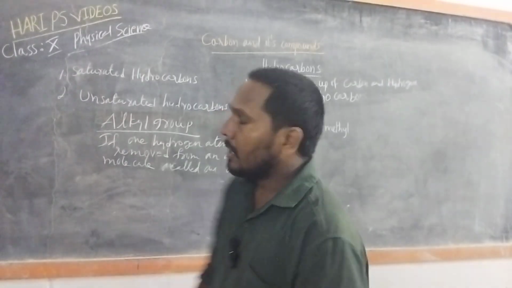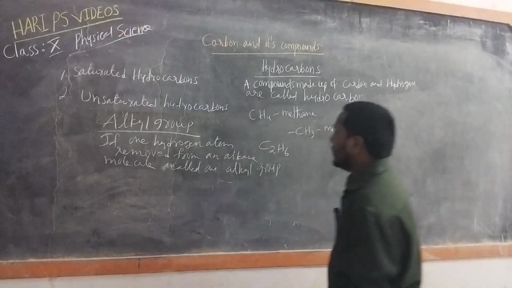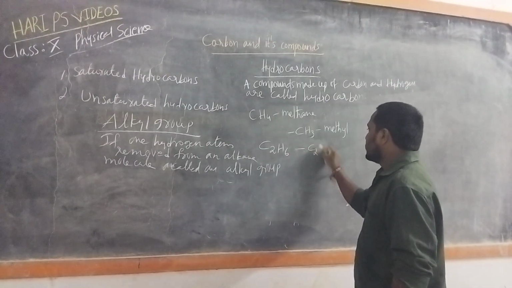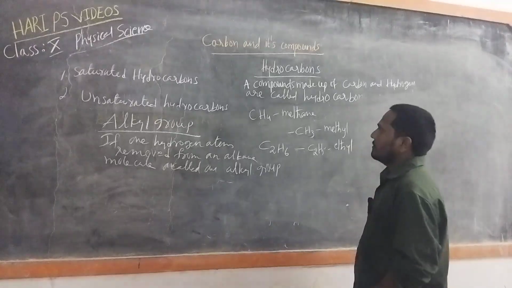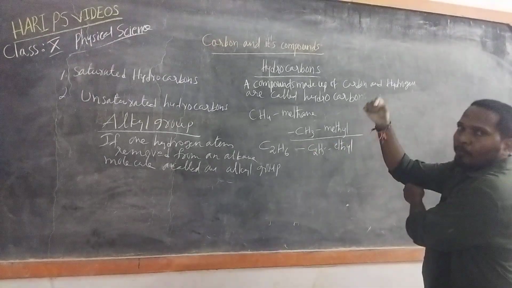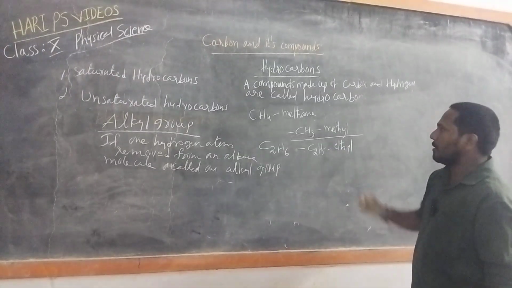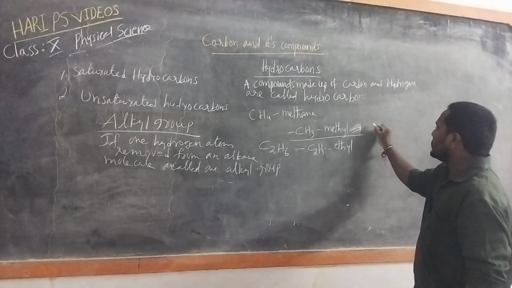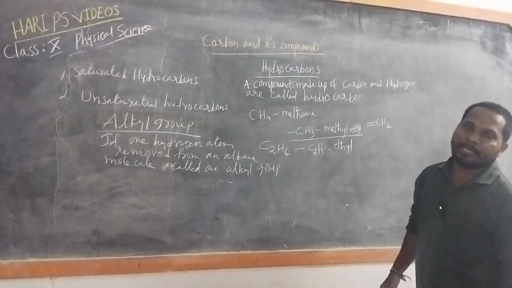If we remove one hydrogen from C2H6, ethane, we can write C2H5, ethyl. From the methyl group, if we remove one more hydrogen, then it is CH2 with a double bond.